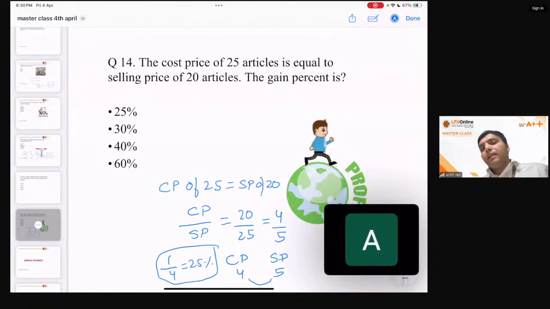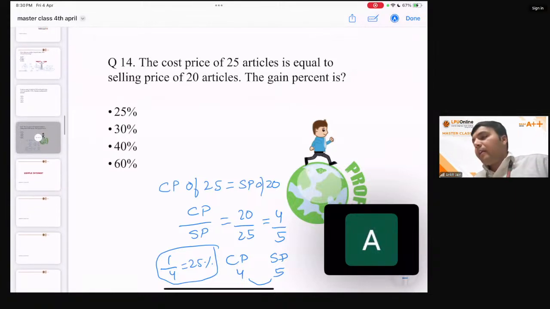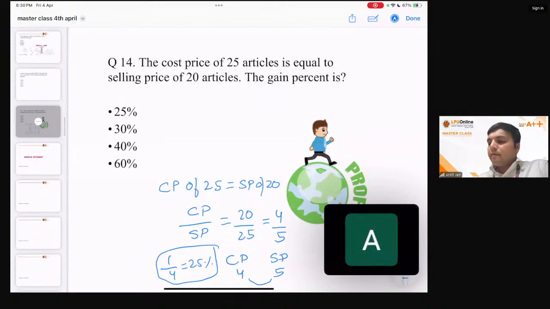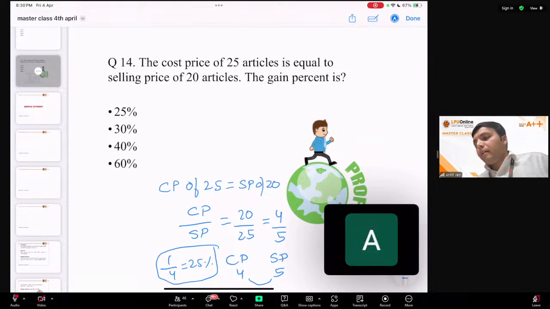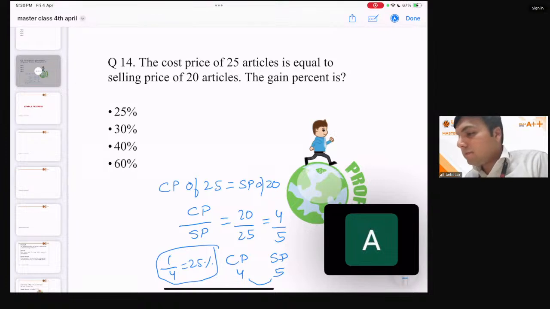I hope this is clear to you all. Any doubt till now you can ask. We have discussed two main topics of quantitative aptitude, which are percentage and profit and loss. Vipasha said yes, clear.